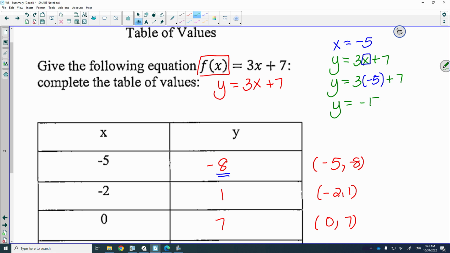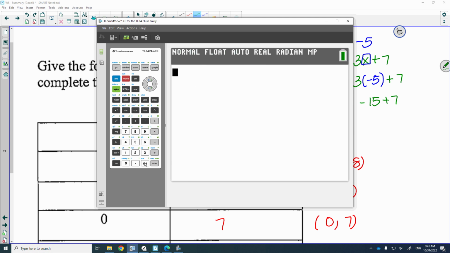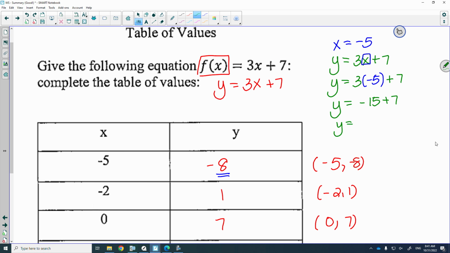That would give us -15 plus 7. And if you needed to check, that's going to be -8. But to check, -15 plus 7 gives you -8. Okay.